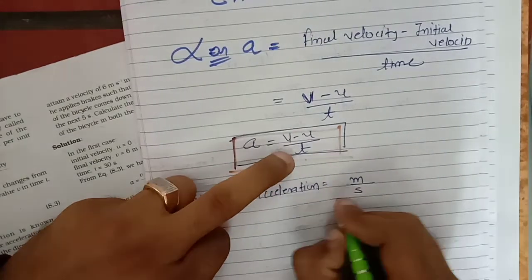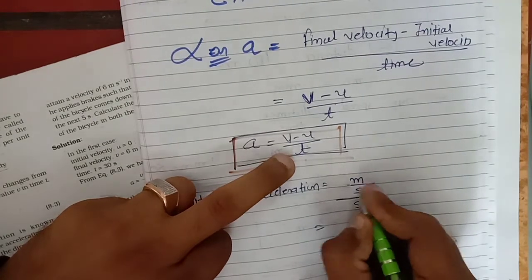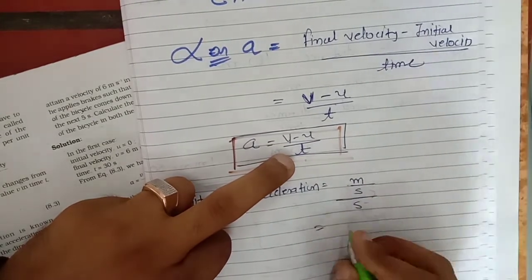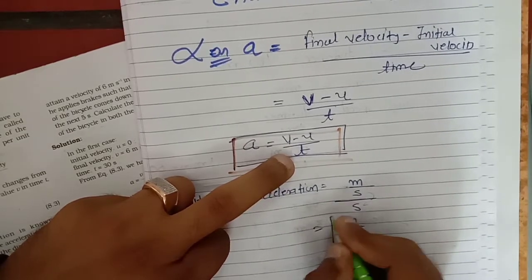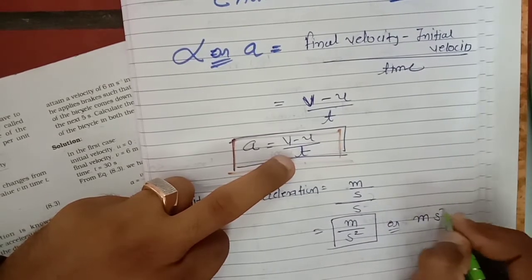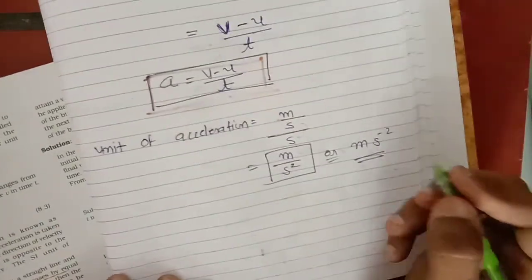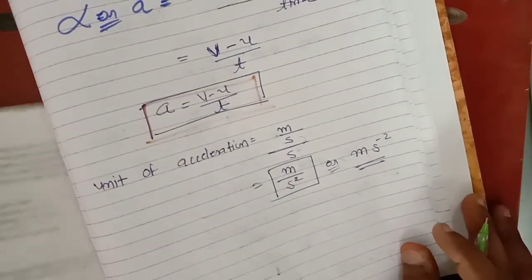And what is the unit of time? Again, second. The denominator of the numerator comes in the denominator, so it becomes meter per second square. So the unit is meter per second square. This is the SI unit of acceleration, meter per second square.